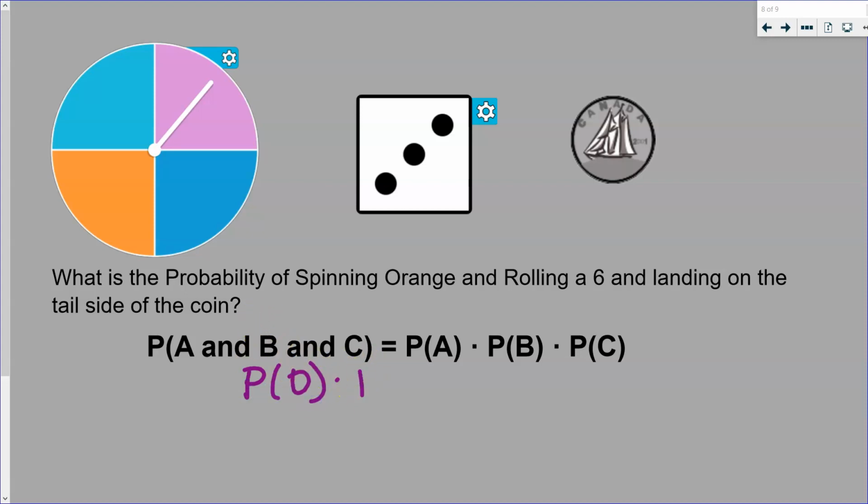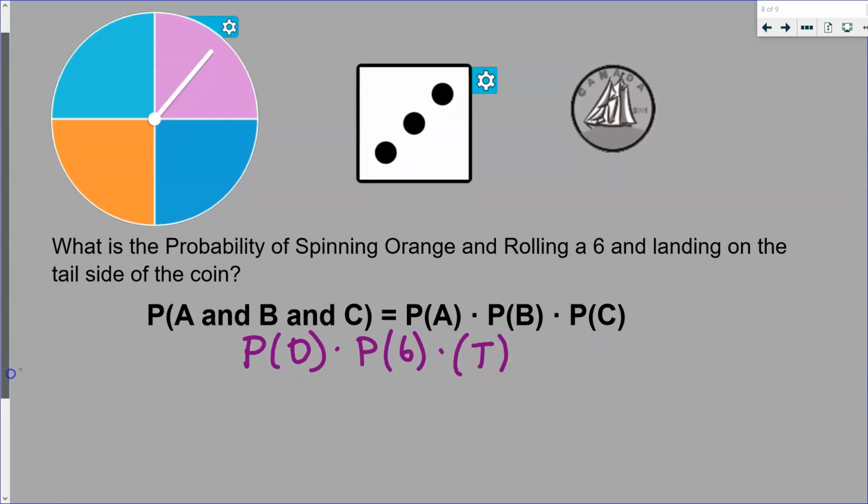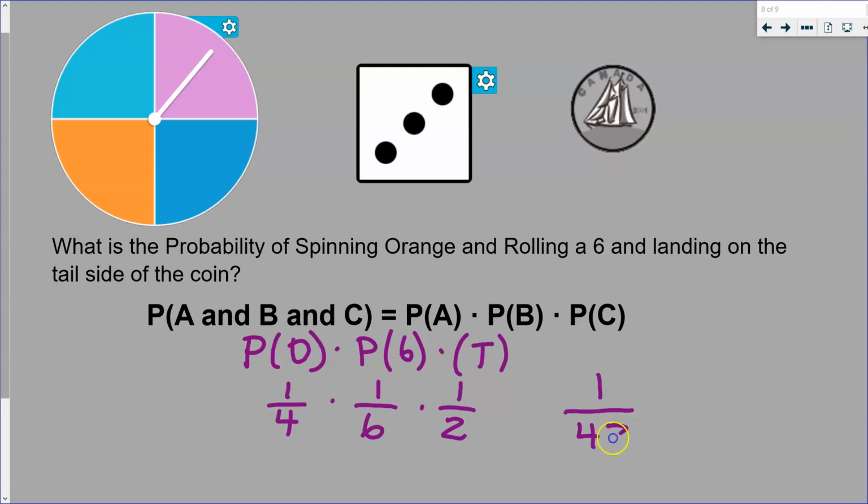Probability of spinning orange, probability of rolling a 6, and probability of a tail. Okay, so orange is 1 of 4 chances, right? Times, we want to roll 6, 1 of 6 chances because there's 6 sides to the die, and probability of a tail is 1 of 2. So we're going to multiply all those together, and our chances are 1 in 48.